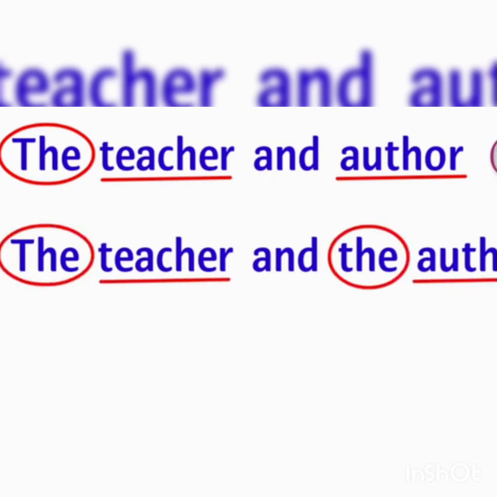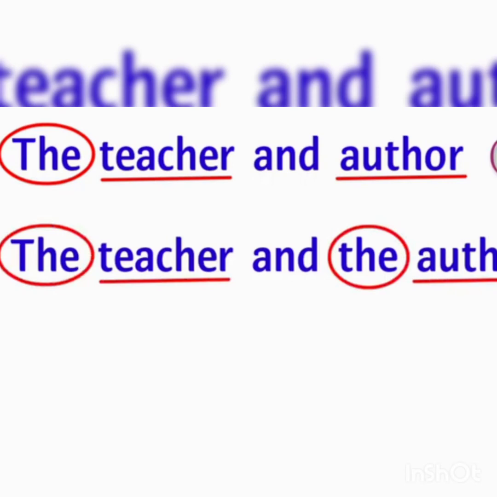For example, you can see here on the screen, the teacher and author. The teacher and author is my friend. Why did I use is with that? Because the teacher and author is one person. Supposing, take my example only.